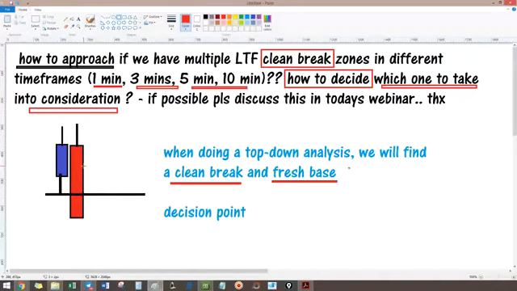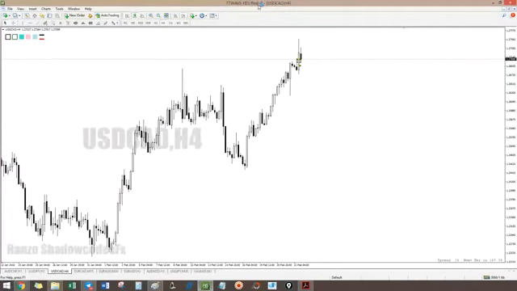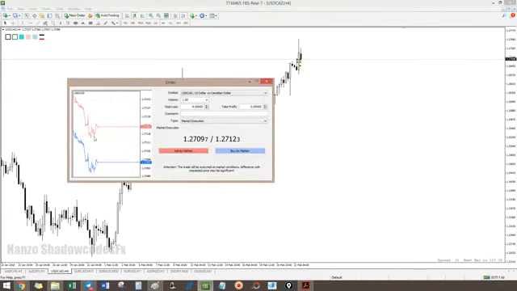Maybe in a 1 second chart, you will see a decision point. We have a limitation using our MetaTrader 4. It can only go down to M1, the smallest one, and we only have limited access to the 1 second tick chart.